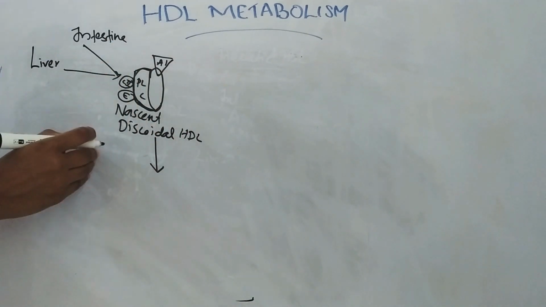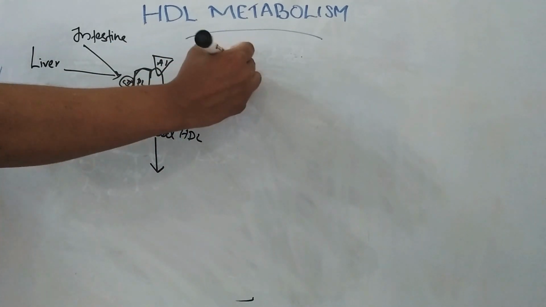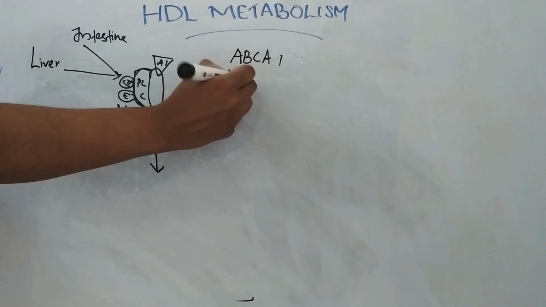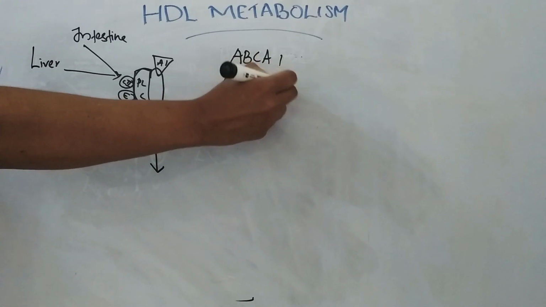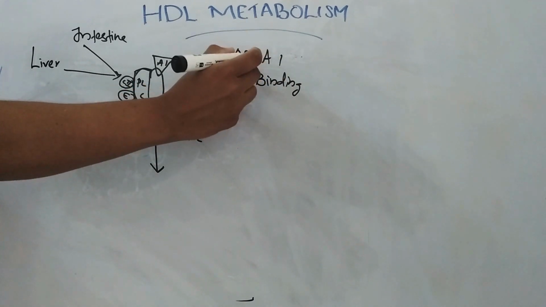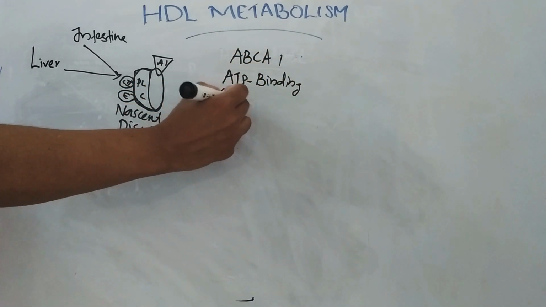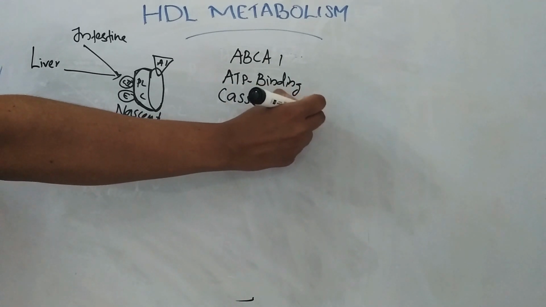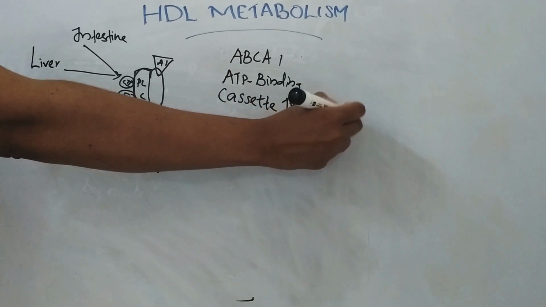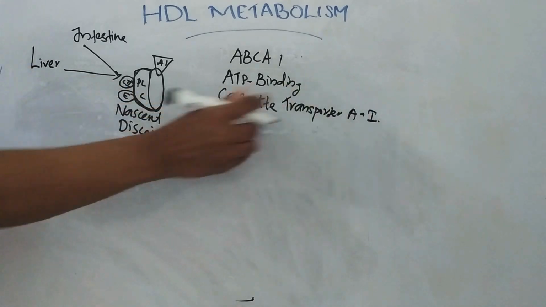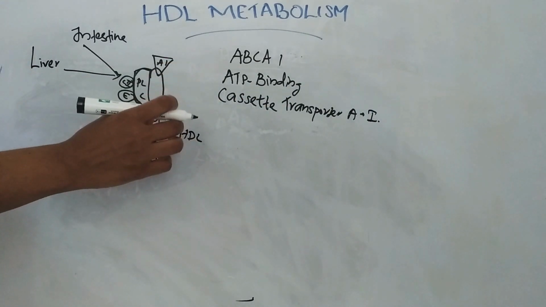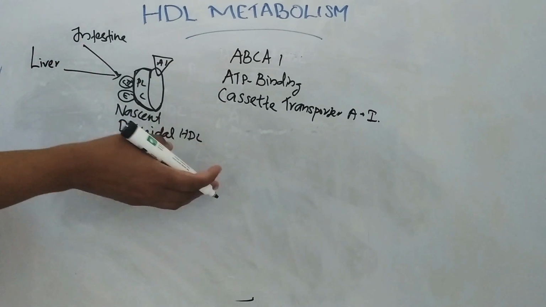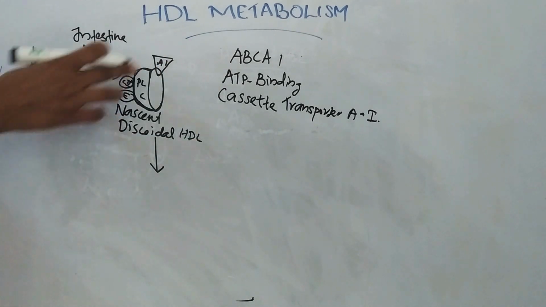Then ABCA1, that is ATP binding cassette transporter A1, is an HDL receptor protein that transfers cholesterol from peripheral tissues to pre-beta HDL or ApoA1.